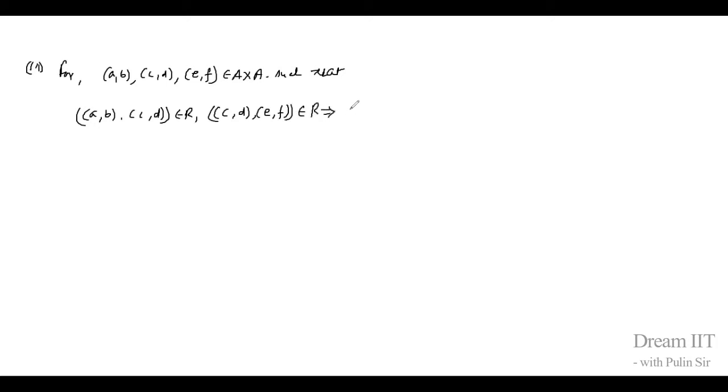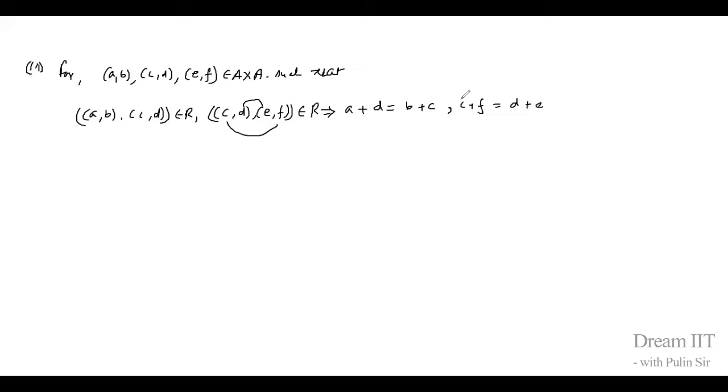This will imply what you write. A plus D will be equal to B plus C. This is one. So from here, what will I get? C plus F will be equal to D plus E. So this is what we get.